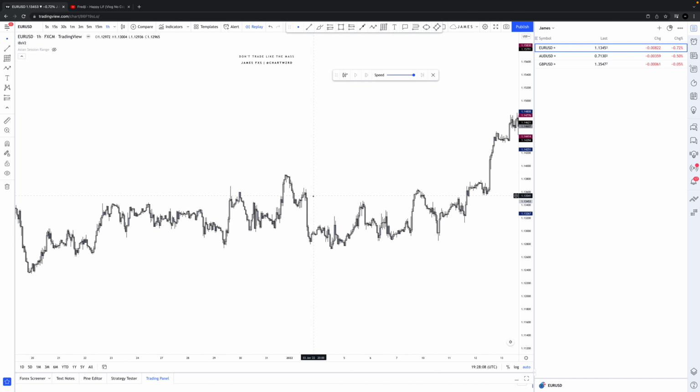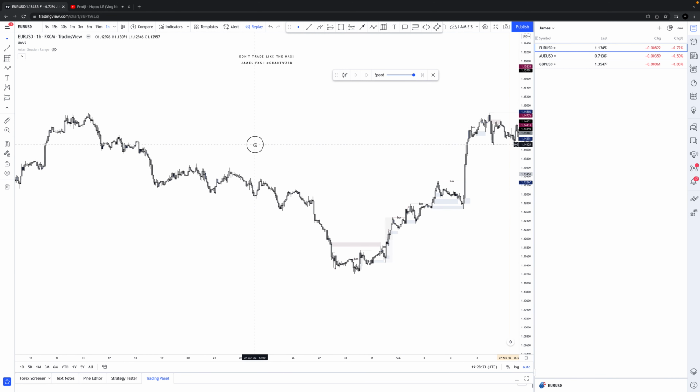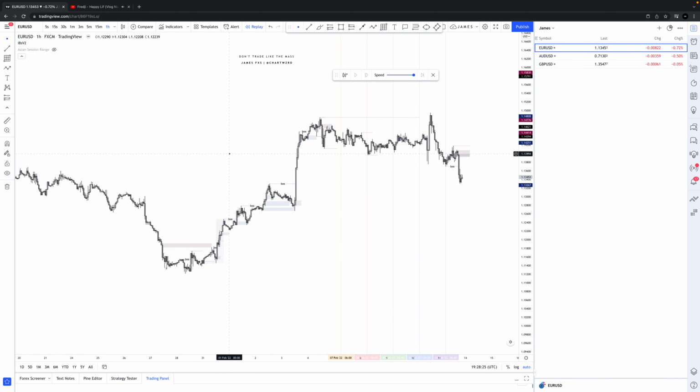We can just play the POIs, the supply and demand areas, and play ping pong really. The areas here for demand, areas here for supply, and obviously trending markets like this are what we want, but we're not always going to get them. So understanding both markets, you'll be really well off.